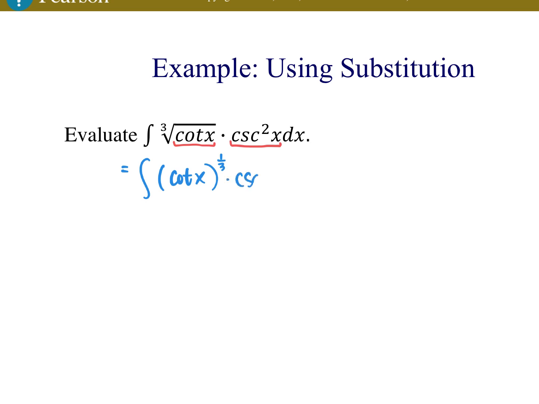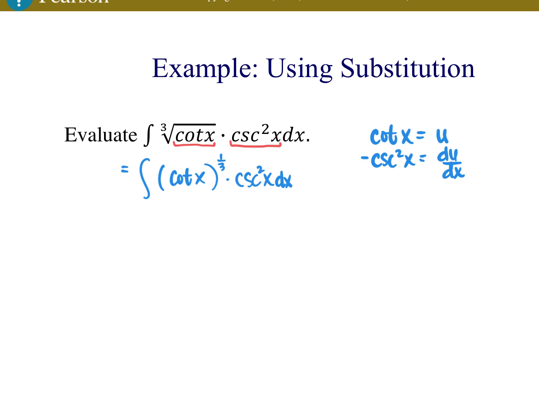Watch what happens. If we make our u the cotangent, that's the one we want to pick. The derivative of cotangent is negative cosecant squared, and then we have du dx on the other side. If you can think ahead a few steps, that cosecant squared is going to help us reduce away what was in my integral.